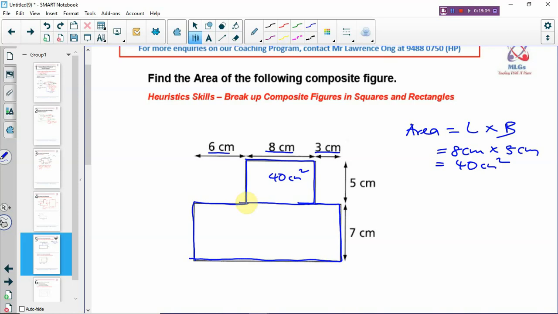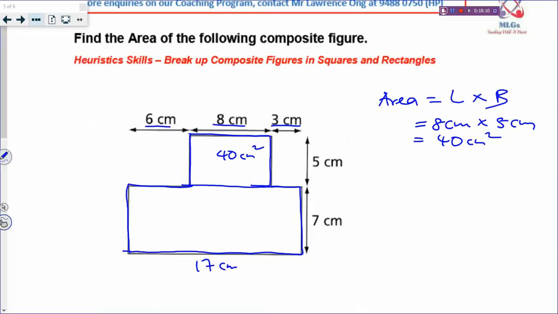So that will be 17 cm, which is the length of the longer side of the rectangle. So what's the area of this rectangle? Length times breadth. Area is always times. So 17 times 7, and you get 119 cm square. This is the area of the longer rectangle.